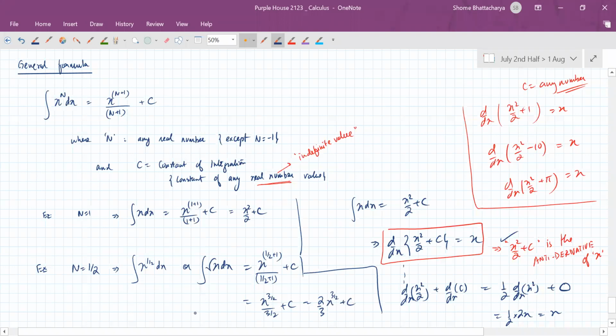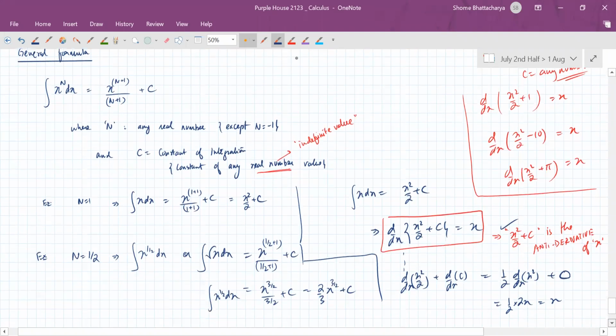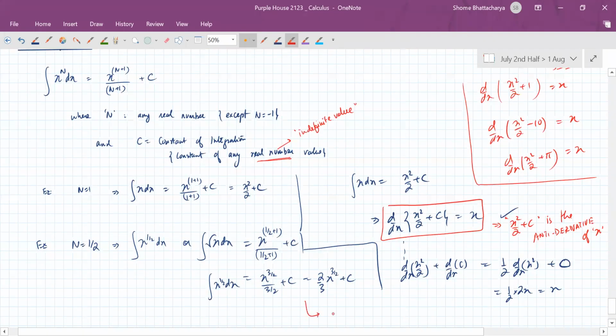Now by a similar method, you can check later that this thing's differentiation will be this. Just like I've checked it for this case, you can check that differentiation of 2 by 3 into x to the power 3 by 2 plus any constant, it doesn't matter what the value of that constant is, is going to be equal to x to the power half.